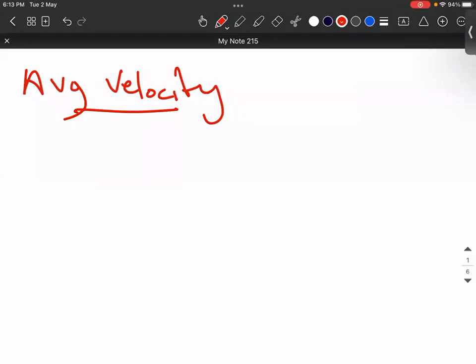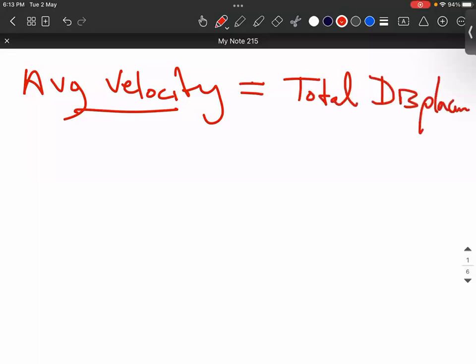Good. Correct. Not by 2. By total time. Okay. So average velocity is simply given by our total displacement divided by total time.